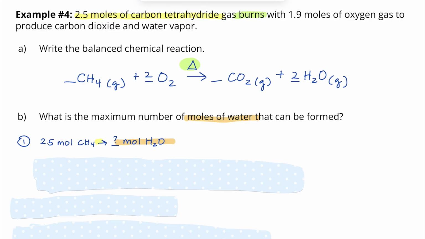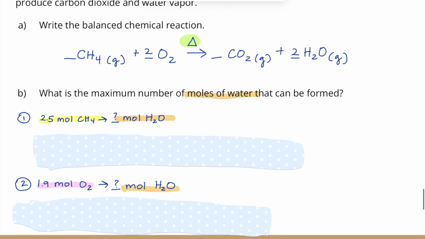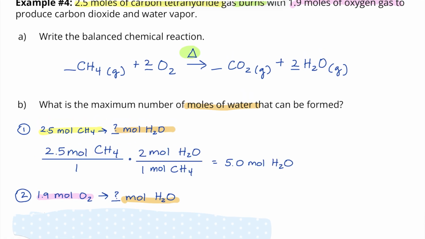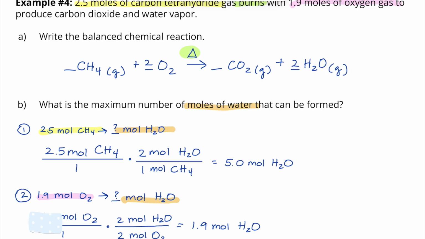Our second problem then is going to be starting with those moles of oxygen gas that were provided and ending at that same spot, with that H2O. If you want, take a minute to go ahead and do those calculations. I've got that work for us here.